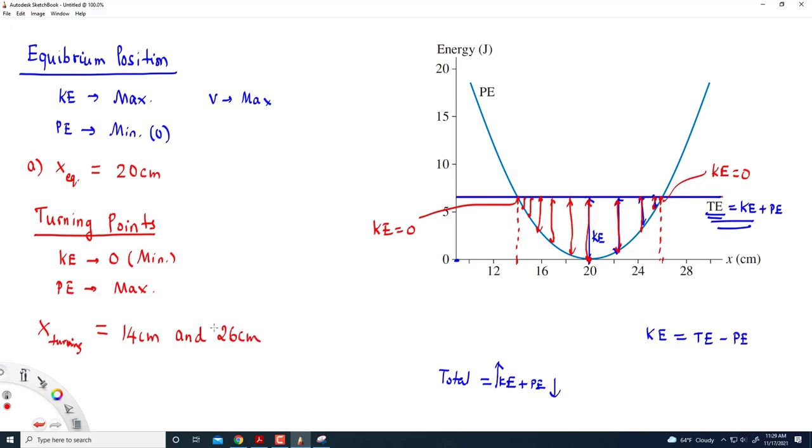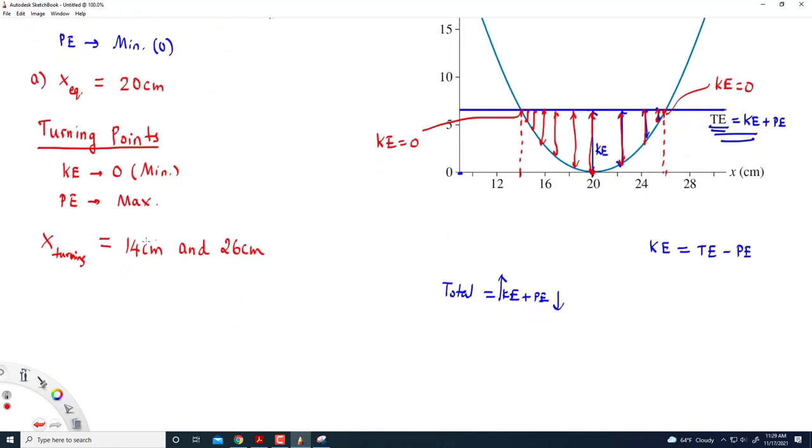What's the particle's maximum kinetic energy? So maximum kinetic energy occurs at this point. That's the point where you have maximum kinetic energy, and it occurs when potential energy is 0.